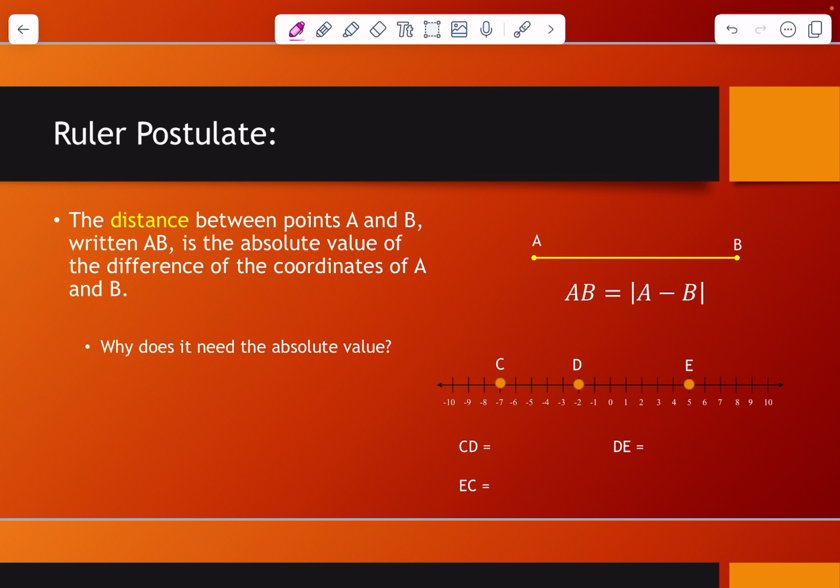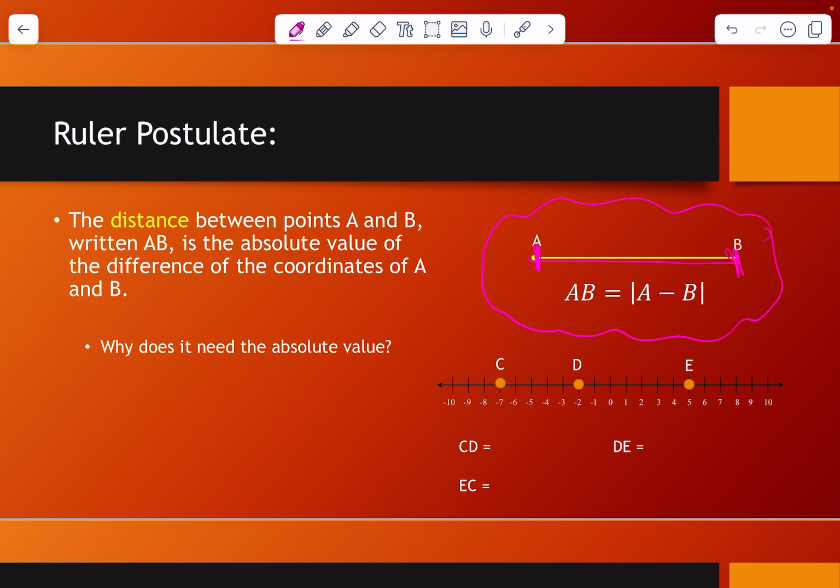So over here we look and it says, here's my segment AB. If I want to know what that distance is from A to B, then what I'm going to do is it will be the absolute value of A minus B. Now, brings us to a question then. Why does it need the absolute value part?